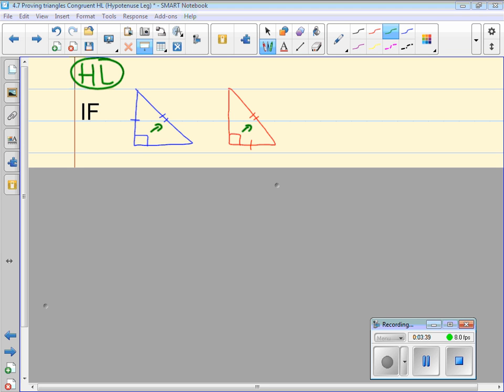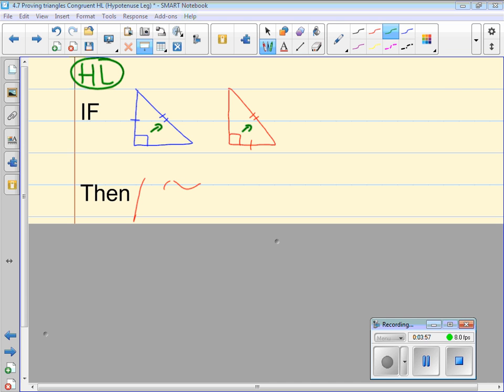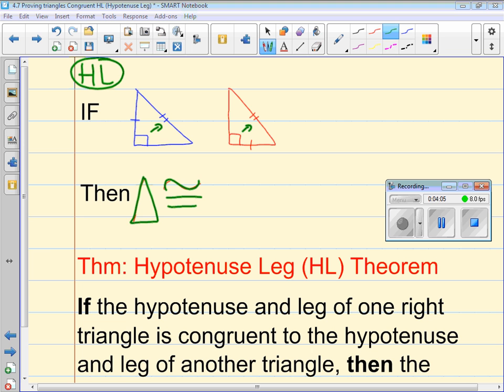They just have to be one leg and another leg. So the blue one has a vertical leg that's marked congruent to the horizontal leg over in the red. It's really important to understand that's a perfectly okay situation to say if this is the case, then the two triangles are congruent.